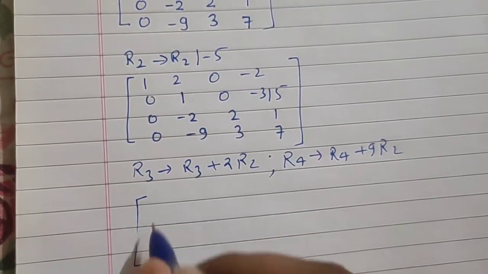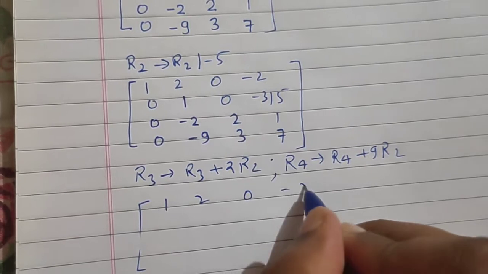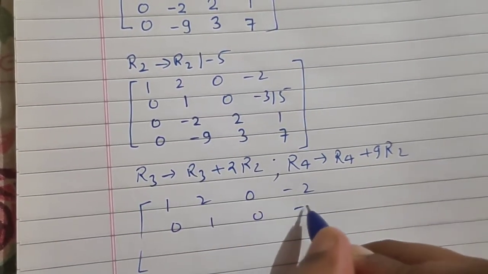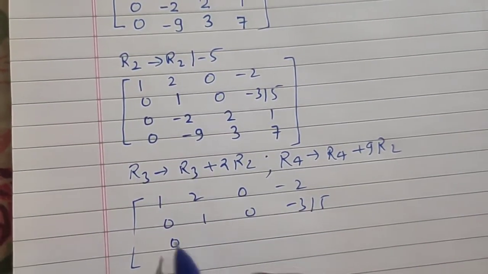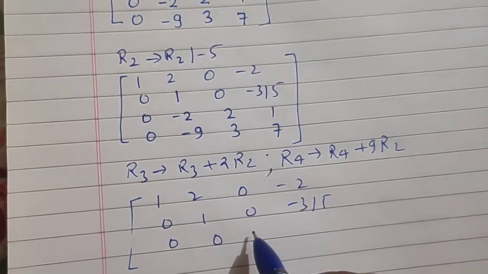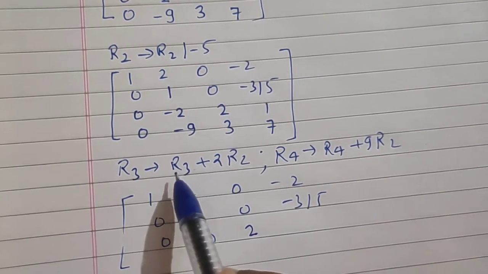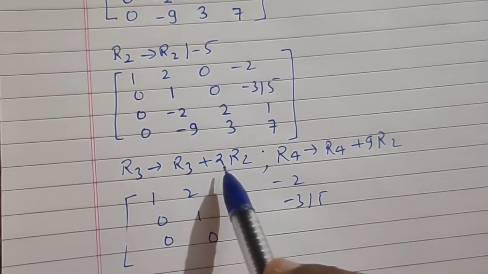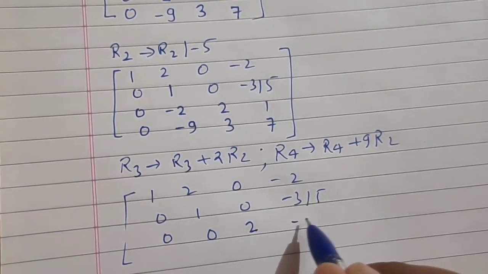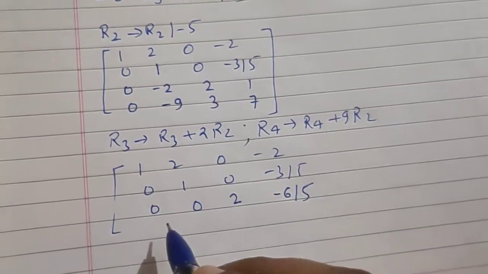So I will get 1, 2, 0, -2; 0, 1, 0, -3 by 5; 0, 0, 2, and this is R3 to R3 plus twice R2, so this will be -6 by 5.